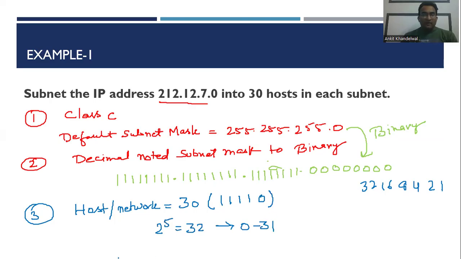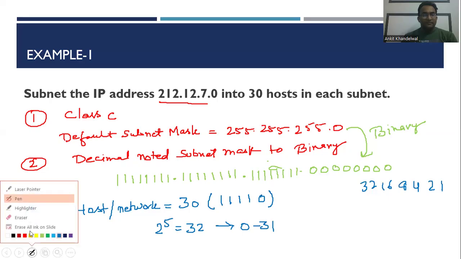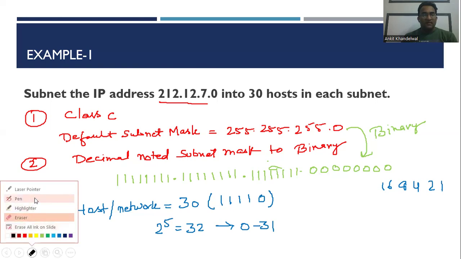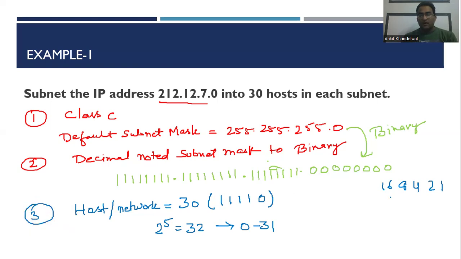But we have to write the number in the minimum number of bits, so we are going to have 5 bits. Okay. With these 5 bits, we have 1, 1, 1, 1, 0. 16 plus 8, 24 plus 4, 28 plus 2, 30. So this is the binary. So how many bits are required? 5 bits are required. Okay. So a total of 5 bits are required.